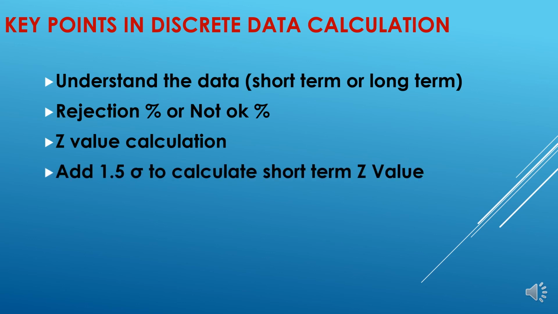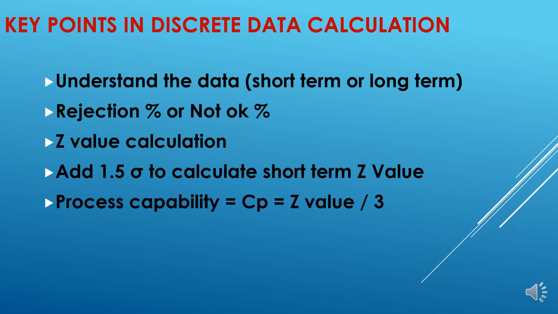Once the Z value is received, we need to add 1.5 to find the short-term value. If you are starting your process capability with long-term data, then you need to add 1.5 sigma to calculate the short-term Z value. But if you are doing a short-term analysis, then there is no need to add 1.5 sigma. Once the short-term Z value is received, we can calculate the process capability using the Z value divided by 3 formula. Hope you understand this concept.